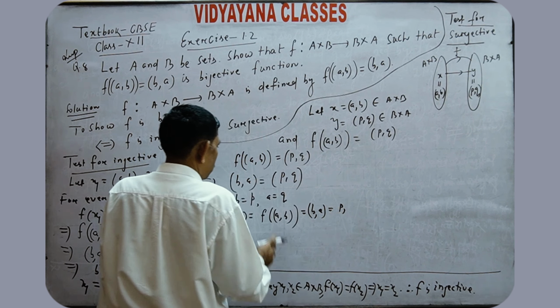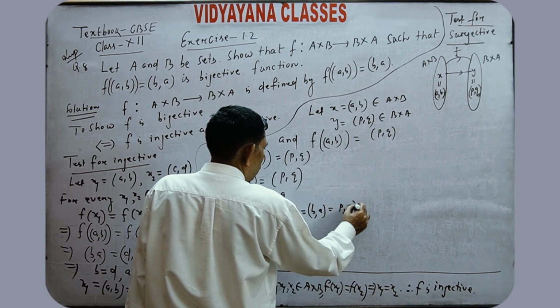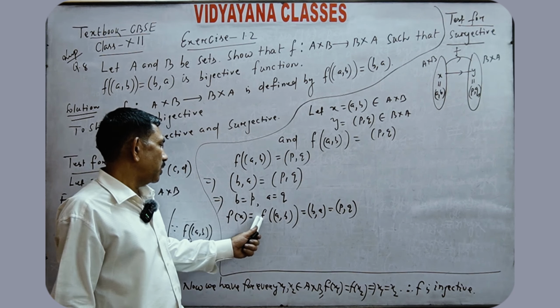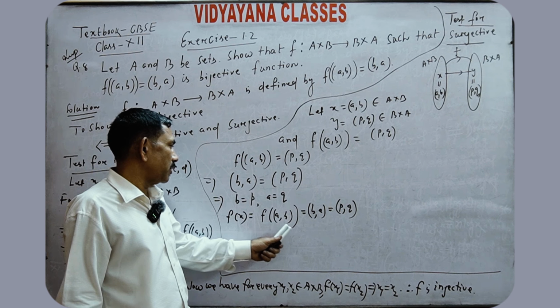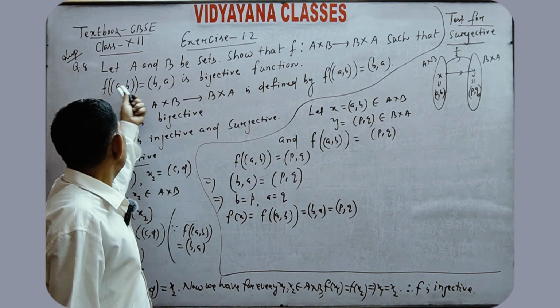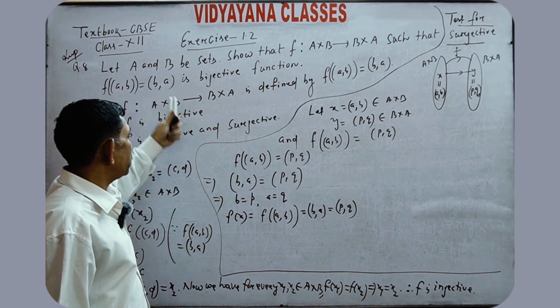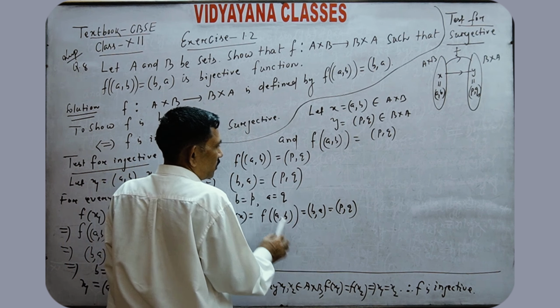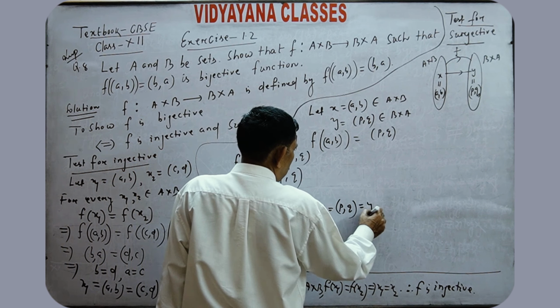P. What is A? Q. That is PQ ordered pair. F of X is equal to F of AB ordered pair is equal to BA ordered pair by the definition. B is equal to P and A is equal to Q. This is equal to Y.